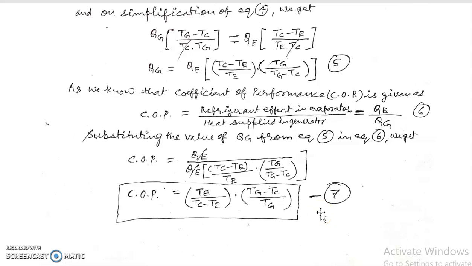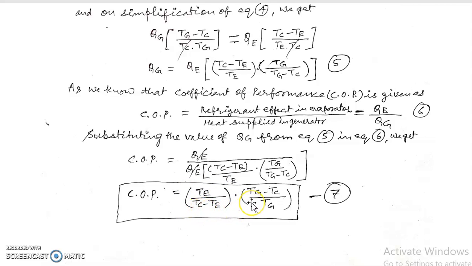So in equation number 7, if we look at the first term, that term is TE over TC minus TE. If we recall, the COP of a refrigerator working at temperature TE and TC, that is, a Carnot refrigerator working at low temperature TE and high temperature TC, this first term means it is the coefficient of performance of a Carnot refrigerator working between TE and TC.